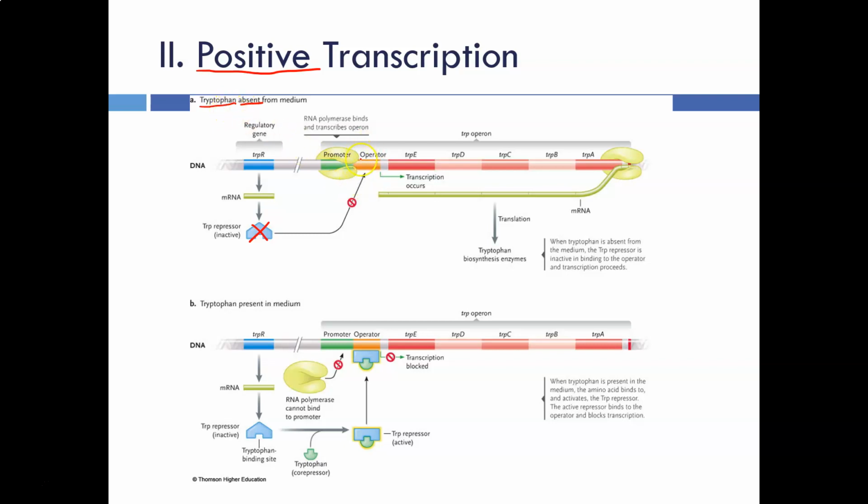So what happens here is that now, because this is needed, the green light is on. And so you're actually going to promote transcription, and it's going to occur. So you're going to take this series, this operon, and again, the operon is a collection of genes here that are responsible for making the tryptophan.